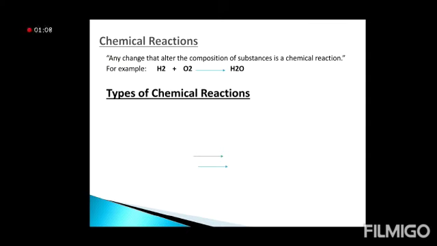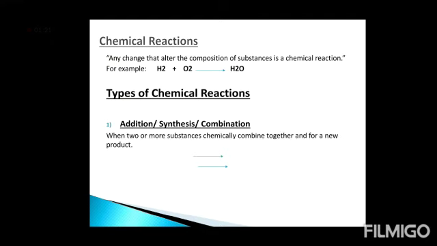Types of chemical reactions. Number 1, addition, synthesis, or combination reaction. Students, don't be confused about these three terminologies because they all have the same meaning. Let's see. When two or more substances chemically combine together and form a new product.